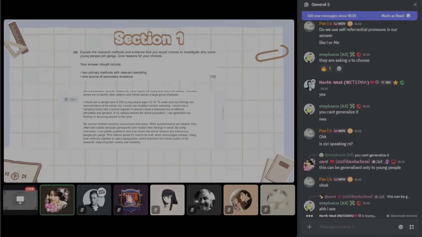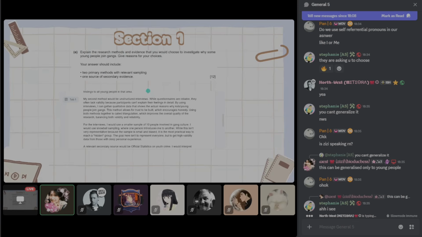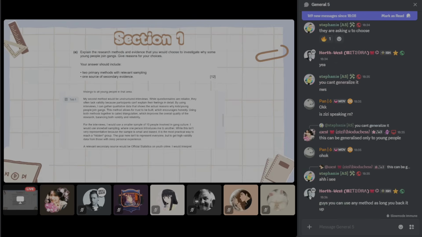So, scrolling down, I have two sampling methods here. For the interviews, I would use a smaller sample of 10 people involved in a gang culture. Furthermore, I would use snowball sampling where one person introduces me to another.